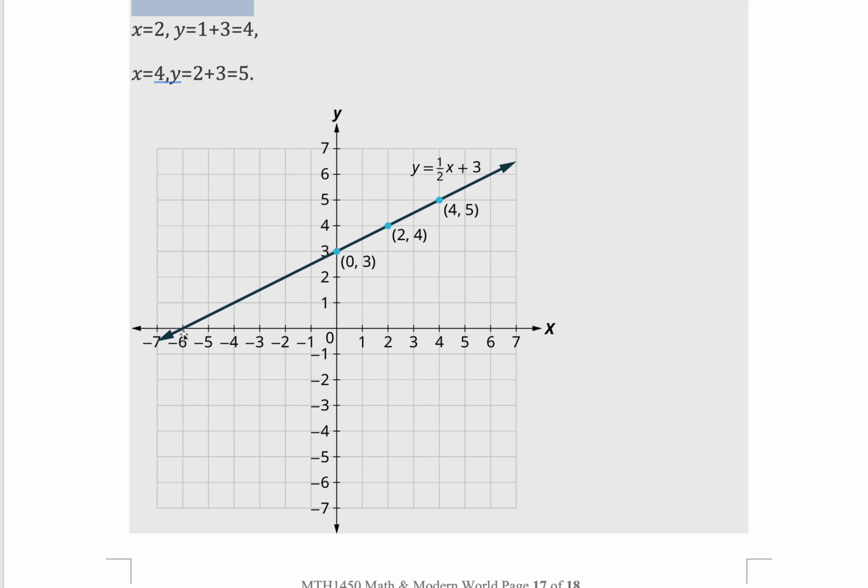Okay, so again, the x-intercept can be found by setting y equals 0, and the y-intercept can be found by setting x equals 0, because the x-intercept is the point where the graph crosses over the x-axis, and the y-intercept is the point on the graph where the graph crosses over the y-axis.